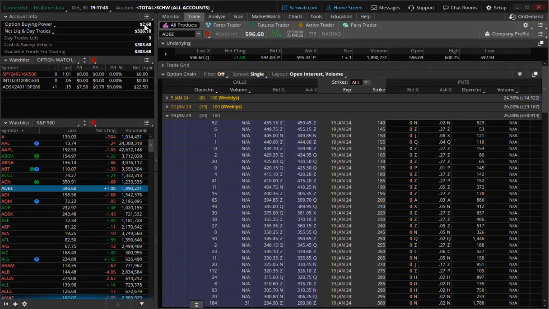Now, the remaining area to speak about in this charting is the monitor, which is right here next to trade.